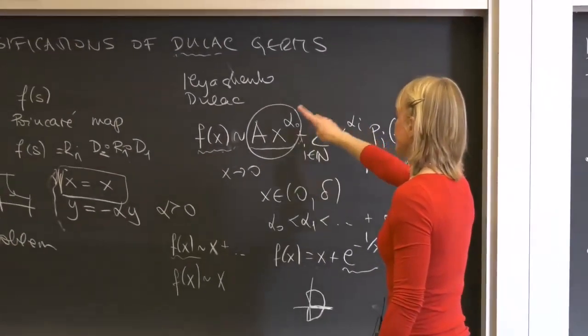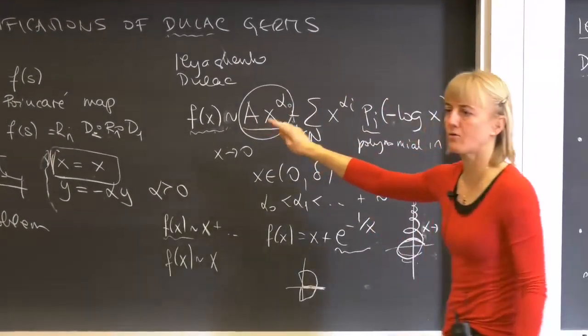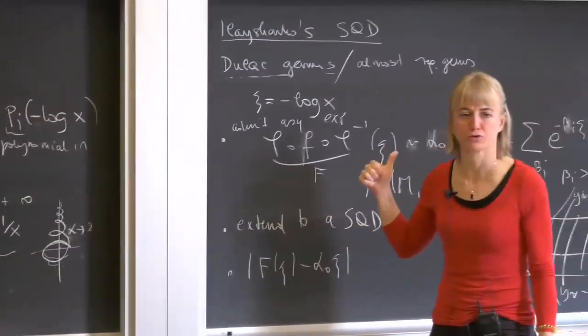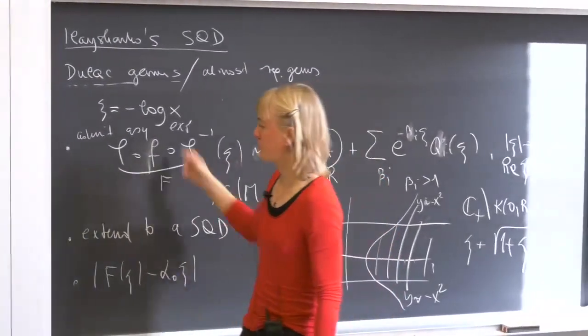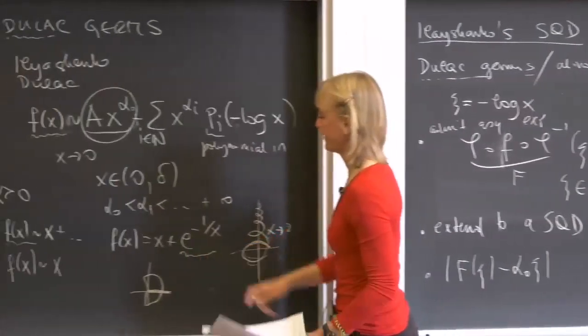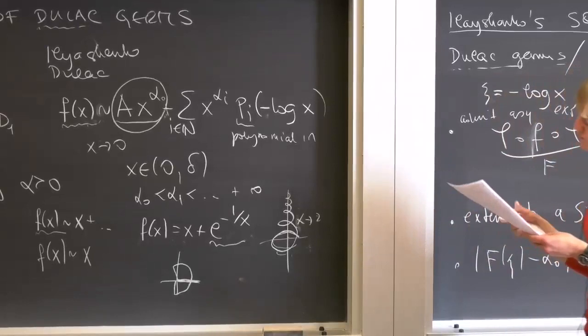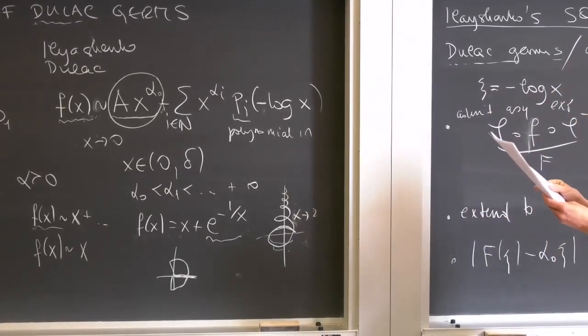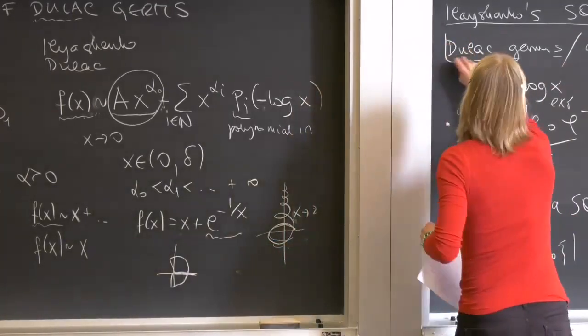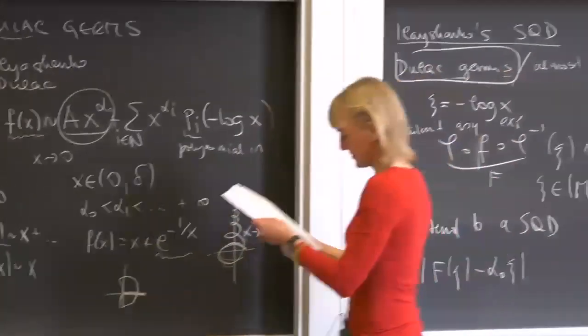That means that once we know the expansion, we immediately know the germ that corresponds to it. So there is a unique germ on the whole domain that expands asymptotically in this scale. We cannot have exponentially small additions or other things. So this is what we'll call Dulac germs.